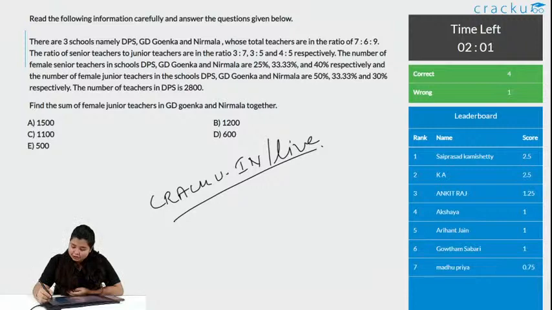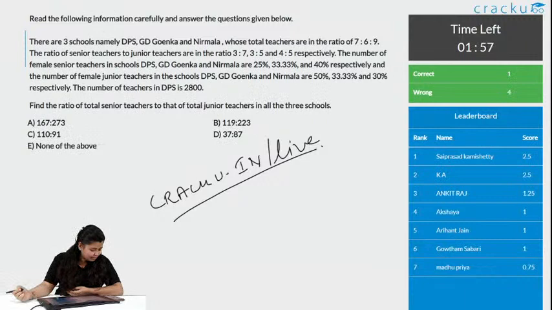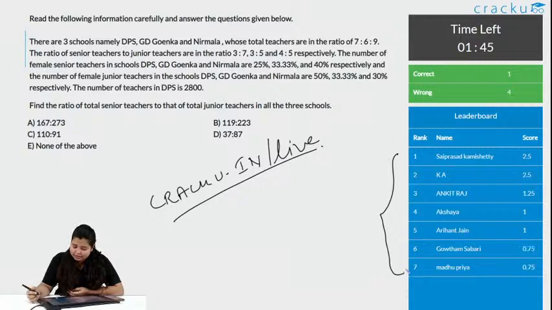Okay, last 2 minutes are there now. They are the top 7 people in the leaderboard, as you can see on the screen. Four people got this correct and 1 wrong. Sorry, 4 people got this wrong and 1 correct.